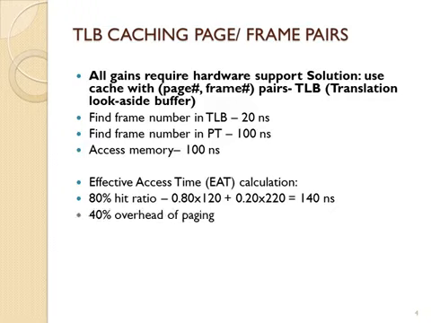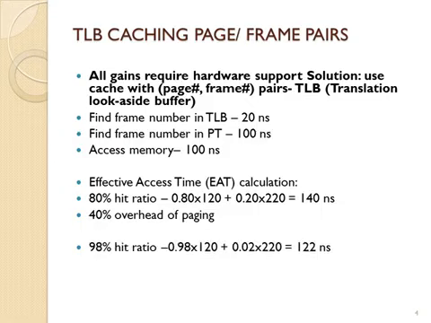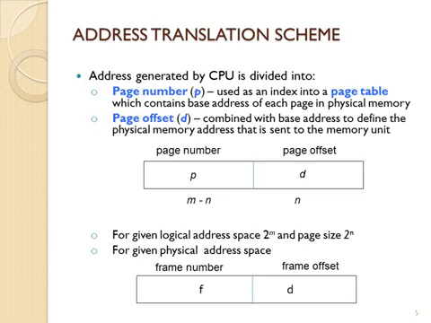So you can do a calculation where if you have an 80% hit ratio, you only have 40% overhead, which is an improvement over the 100% overhead. And if you have a 98% hit ratio, you have only a 22% overhead. So this caching in the TLB is very commonly used, and again, like we've said with all caching, it's due to the fact that if page frame pairs have been referenced, there's a chance they will be again in the near future.